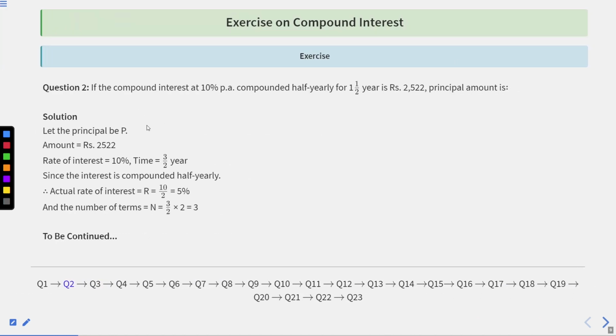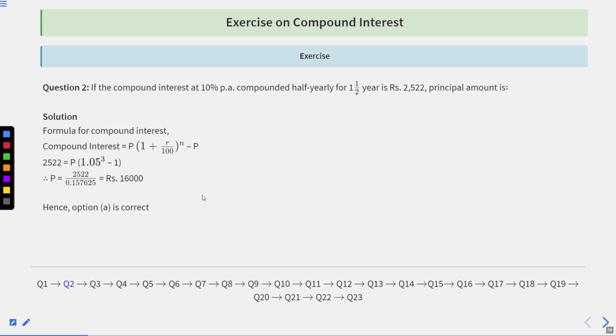Let the principal be P. The compound interest given is 2,522, the rate of interest is 10%, and time is 3/2 years, that is 1.5 years. Since the interest is compounded half yearly, the actual rate of interest will be 10 upon 2, that is 5%, and the number of terms will be n equal to 3/2 into 2, that is 3.